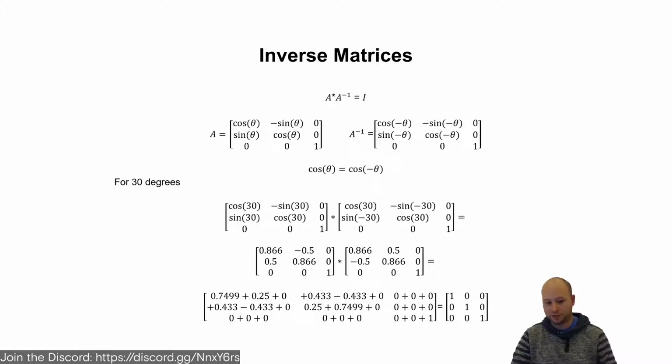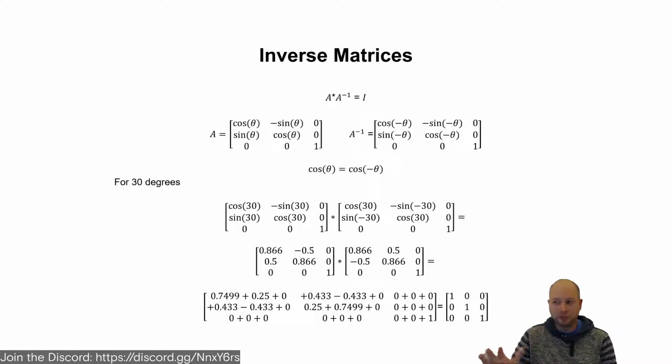So this takes advantage of the property that cosine of theta is equivalent to cosine of negative theta. And it actually looks very similar to the previous one, but you also notice that the rotation by positive 30 degrees is the transpose of negative 30 degrees.